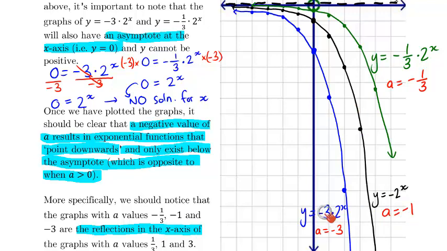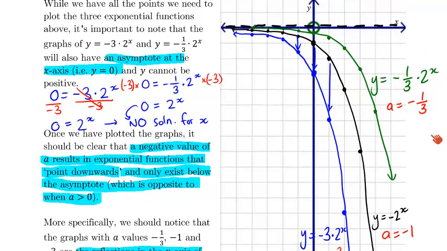But then when we made a minus 3, we took every single point that was originally on y equals minus 2 to the x and stretched it 3 times further away from the asymptote. However, when a was equal to minus 1 over 3, that was when we compressed.